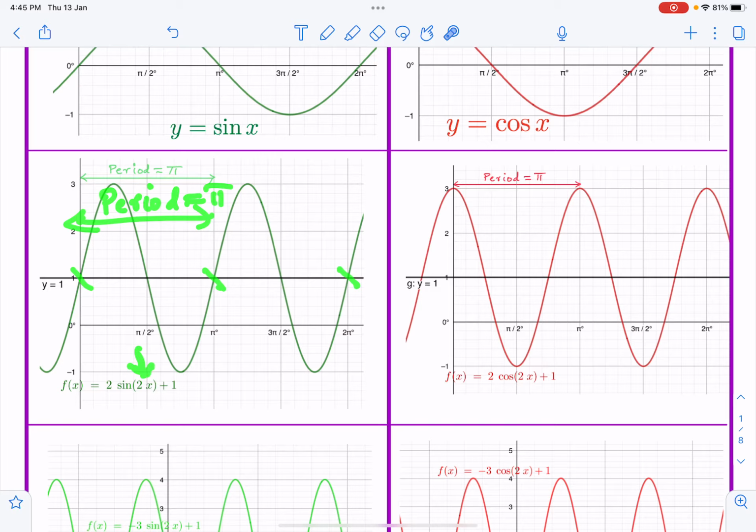When you multiply the angle by an integer 2, it will be compressed by half, it will be stretched by scale factor half. The opposite happens if you multiply it by half, there will be a stretch by a scale factor 2. So this is what is happening by this 2 and by this 2.